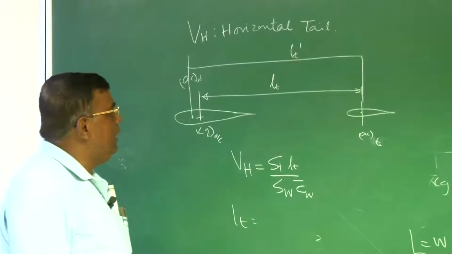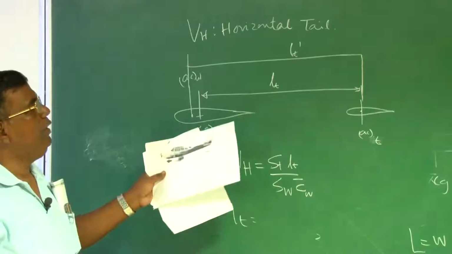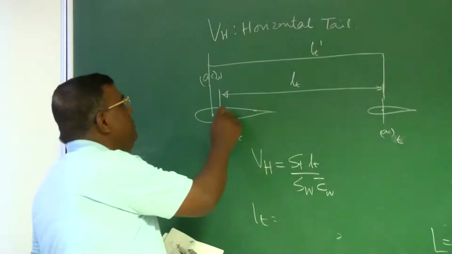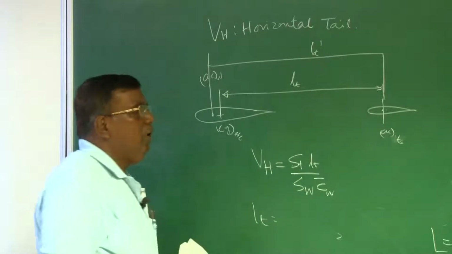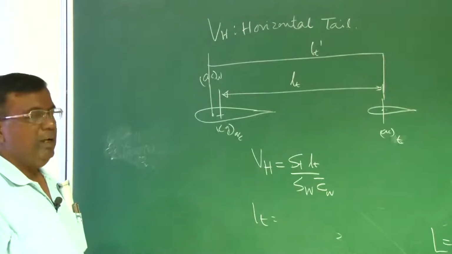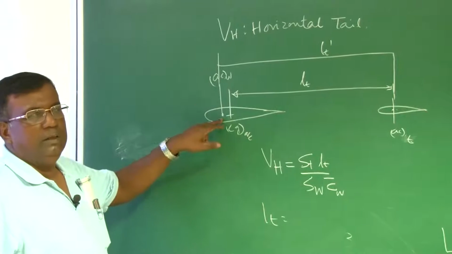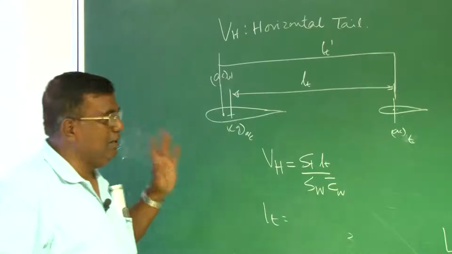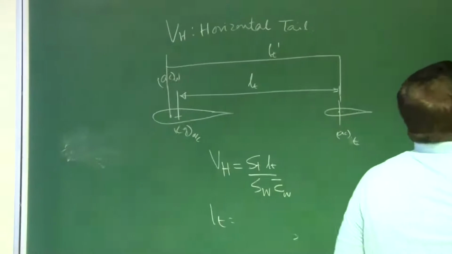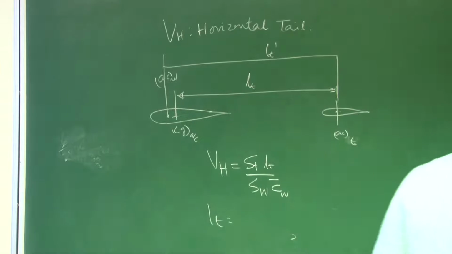But you should not forget that ideally the moment will come about the CG because of the tail. So the distance LT, the distance between CG and the AC of the tail, is important. But we use this length. At the same time, you also know the difference between the CG of the aircraft and the AC of the wing will not be much, so it's not a bad assumption. It simplifies your approach because you are going to use statistical data.